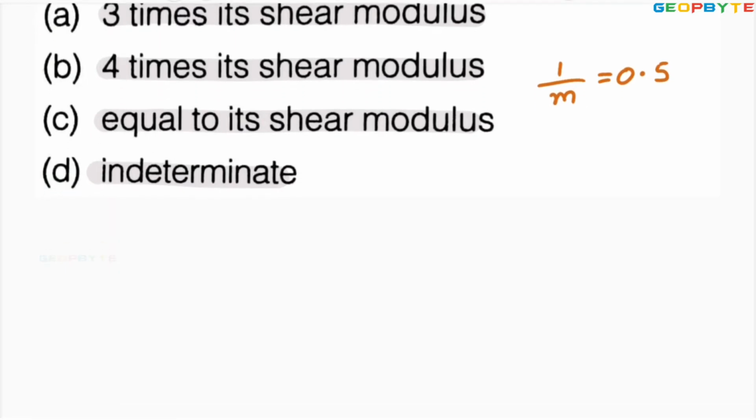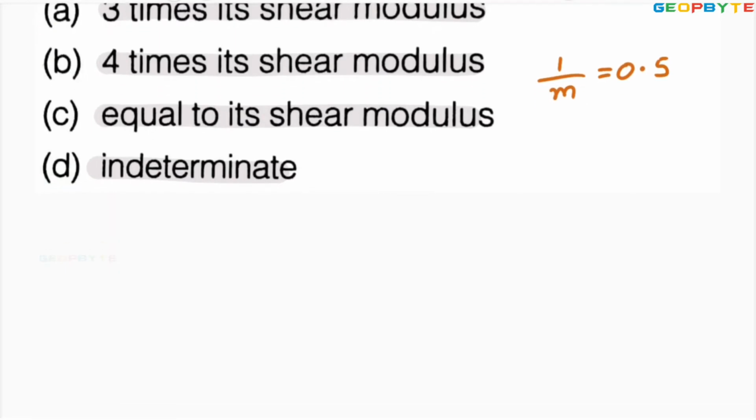Dear friends, these are all the problems which were given in previous DRDO and ISRO exams. As we know, the relation between the Young's modulus and shear modulus is E equals 2G into 1 plus 1 by m, where E is the Young's modulus, G is the shear modulus, and 1 by m is the Poisson's ratio.